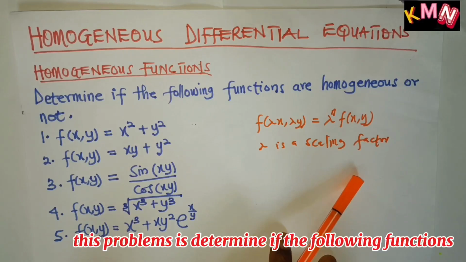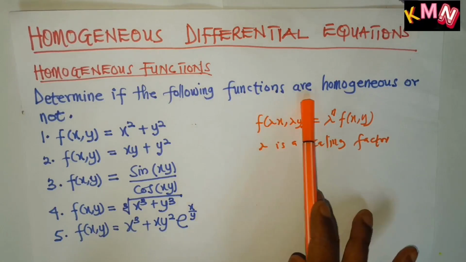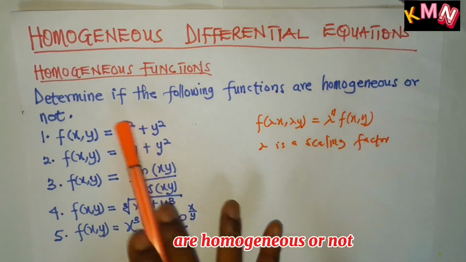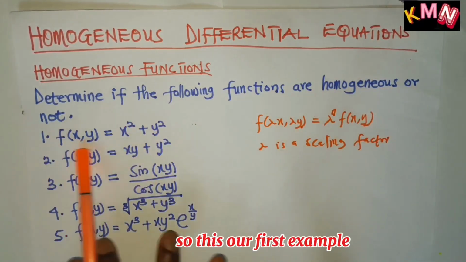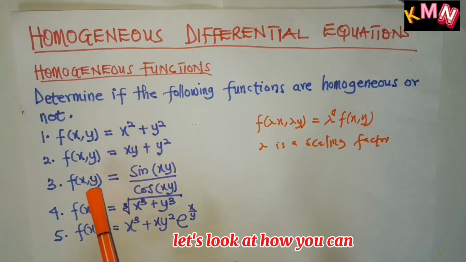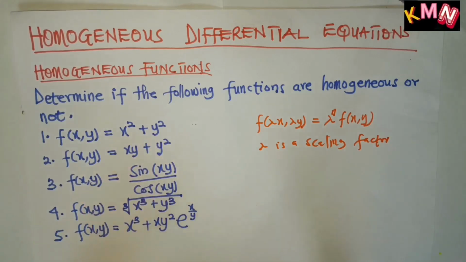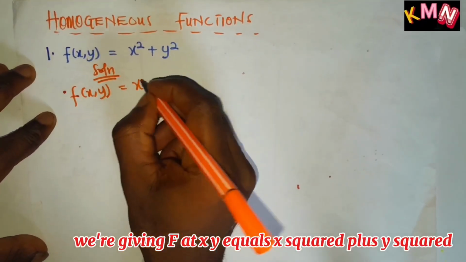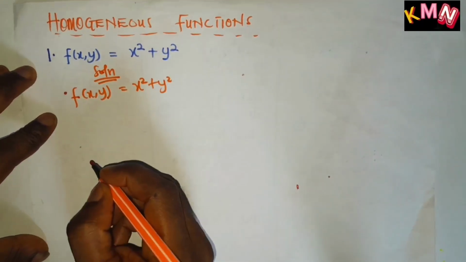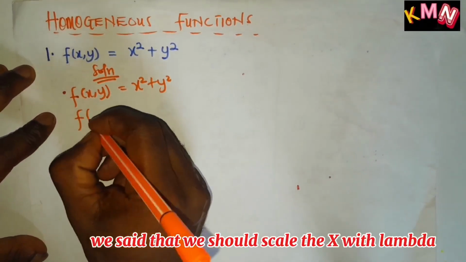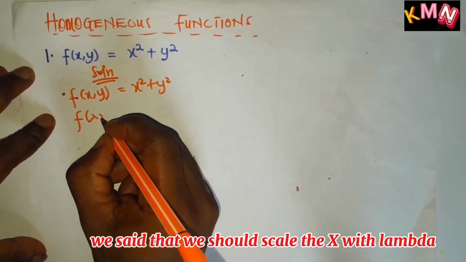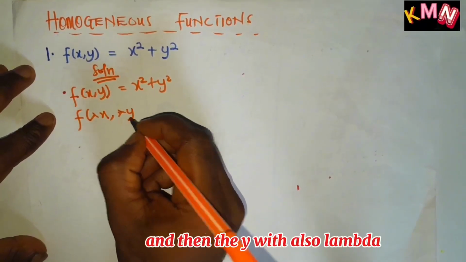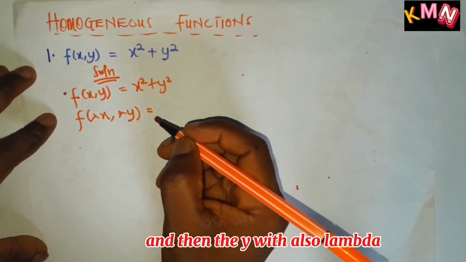So this problem says determine if the following functions are homogeneous or not. This is our first example. Let's look at how you can check whether it is homogeneous. We're given f(x, y) = x² + y². First of all, we said that we should scale the x with lambda and the y also with lambda.